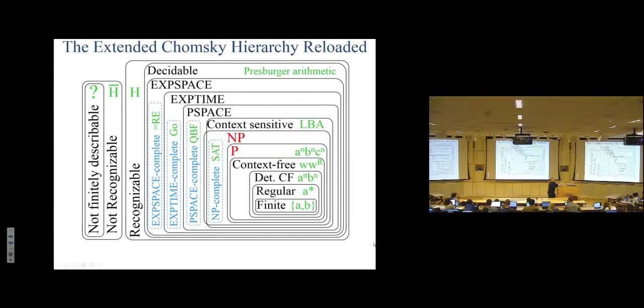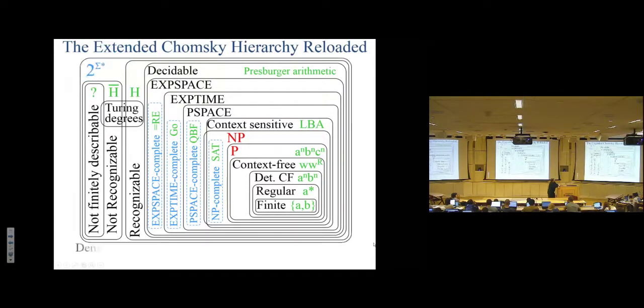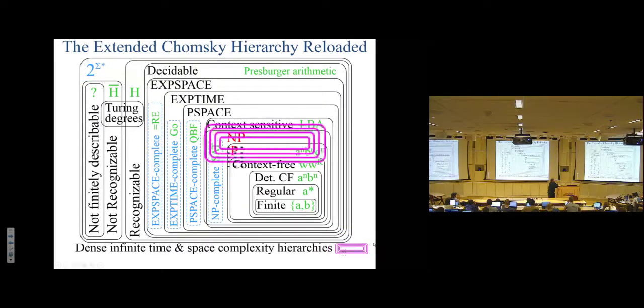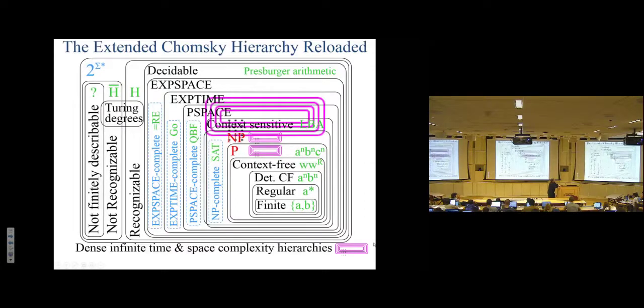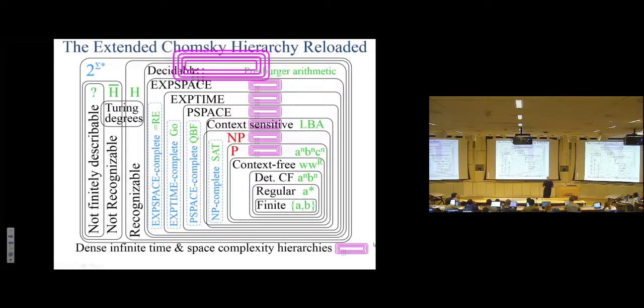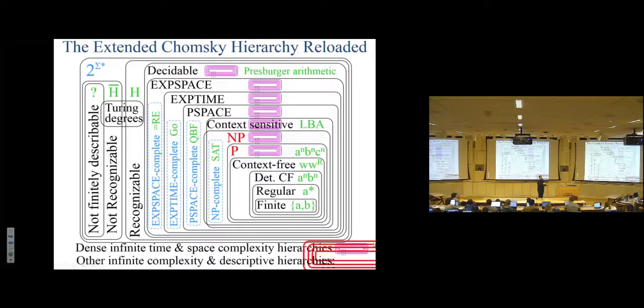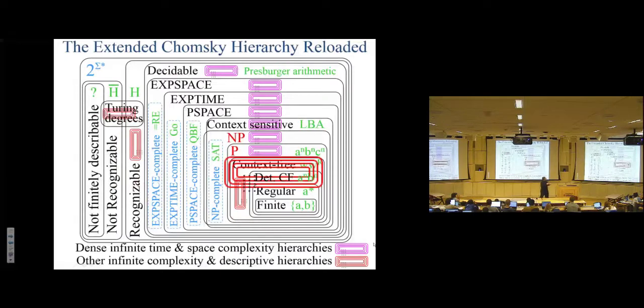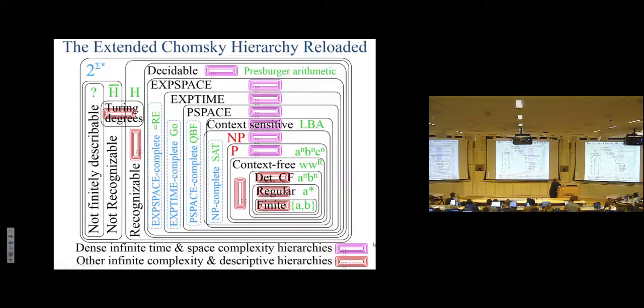There's even more going on here, because there's a whole hierarchy of languages in between these classes. And this time, I'm showing you the purple ones, not as a lot of ovals wrapping each other. So now I'm sort of defecting from the Venn diagram nature of the slide slightly, otherwise it'll get completely messy. But there's infinite hierarchies. Each one of those red hierarchies is an infinite hierarchy around the complexity class that it's adjoining.